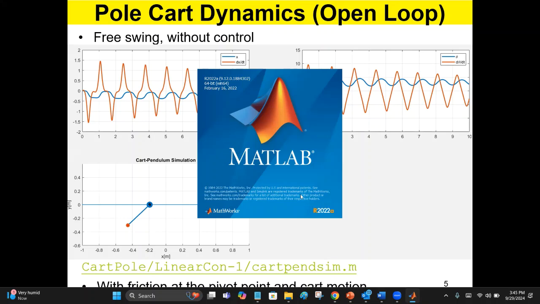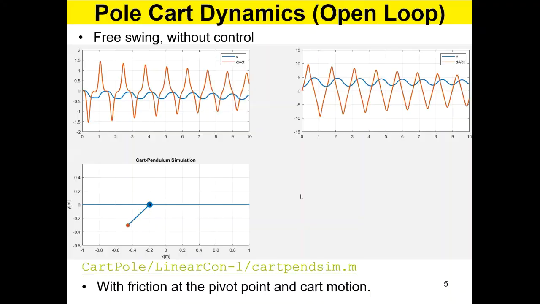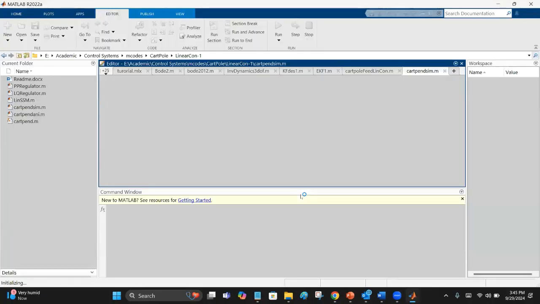If you start from a certain initial position and let the system go, it will freely swing back and forth. Okay, so we want to see, first of all, and verify that we have got the mathematics correct. Okay, right. So this is the MATLAB code for that.